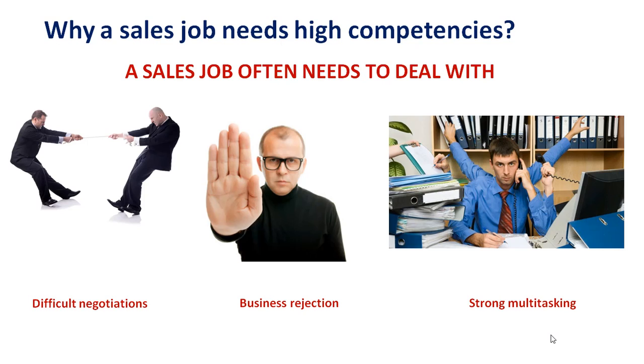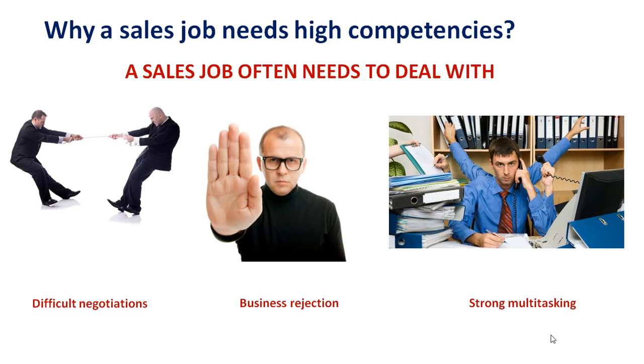And strong multitasking: a sales job requires a strong multitasker, because a sales manager needs to follow up with all customers in his pipeline. He has to attend sales call meetings, follow up for the delivery of the order, follow up with the plant for manufacturing of the product, follow up with the supply chain department, and deal with the finance department for various finances of the product.